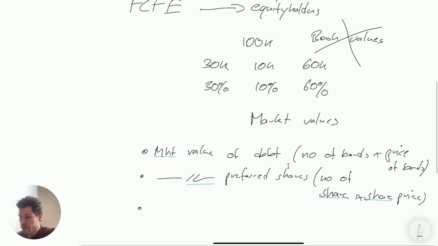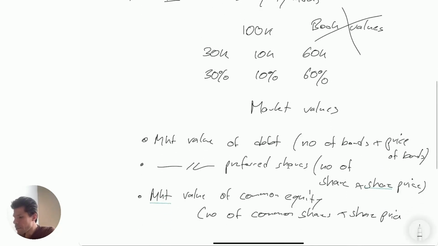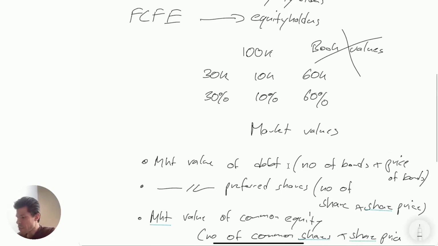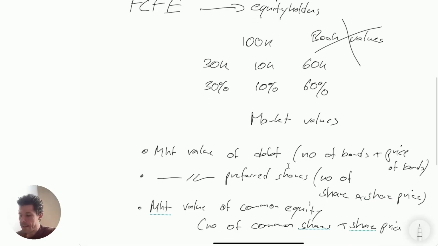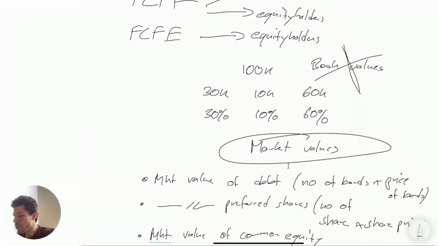And for common equity, it would be the same: market value of common shares or equity would be number of common shares times share price. I will explain in more detail how to calculate this, because especially for the debt part, sometimes it's not easy to identify the price of a bond, and if there's a more complex debt structure, how to get the weight. But in general, as an idea, we use market values, we don't use book values.